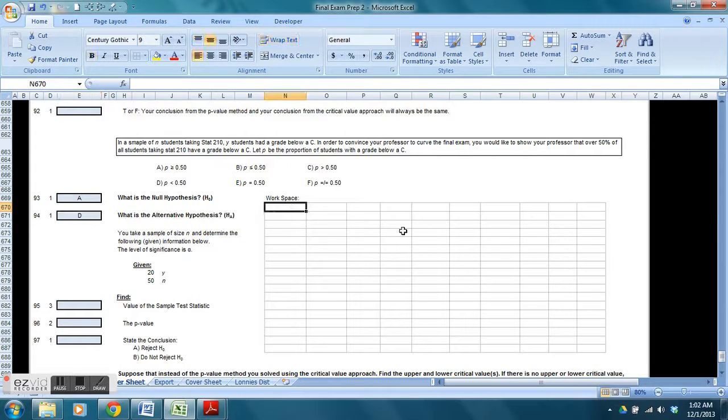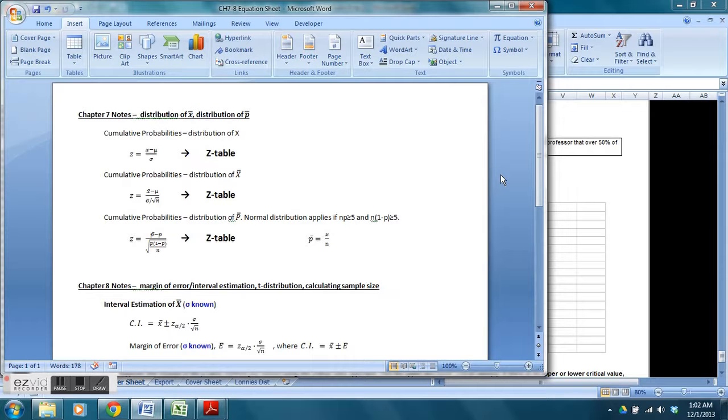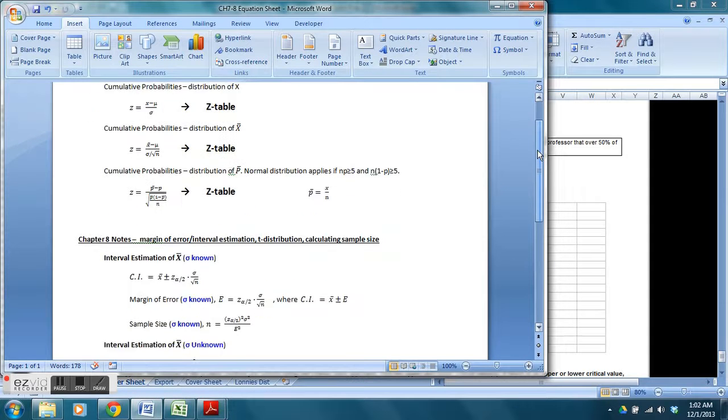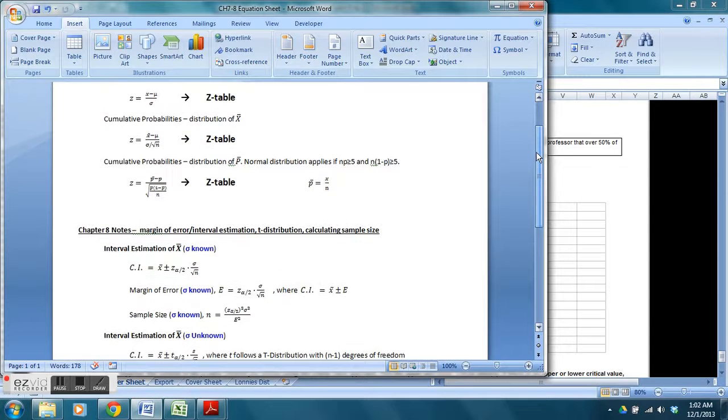So there we go, and now we can go ahead and find the value of the test statistic. It's a proportion, so we know it follows the Z distribution. We can use this equation right here.